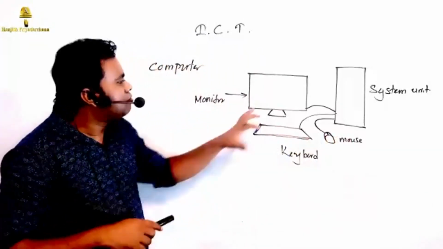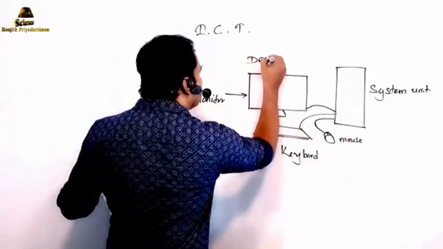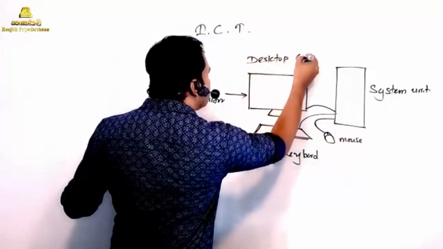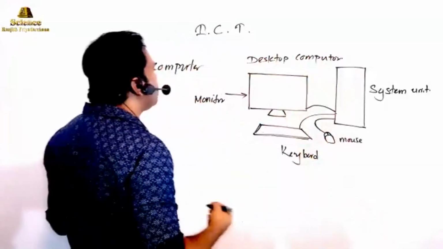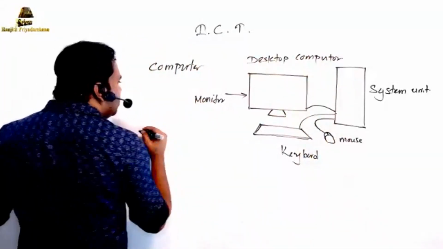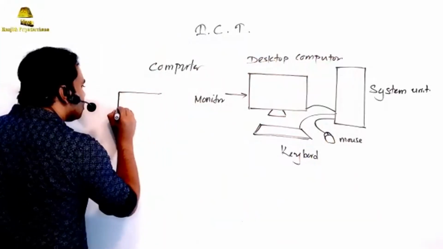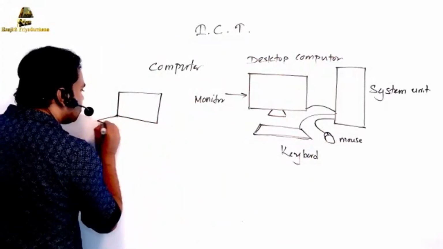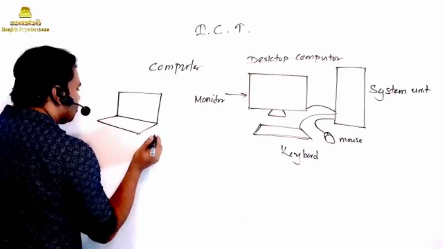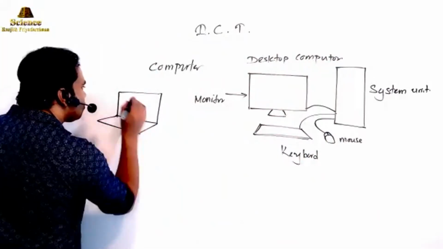So this is a desktop computer, or we call that personal computer, PC. And some of you are using another one. So what's this? Laptop. Okay, so that's laptop computer.